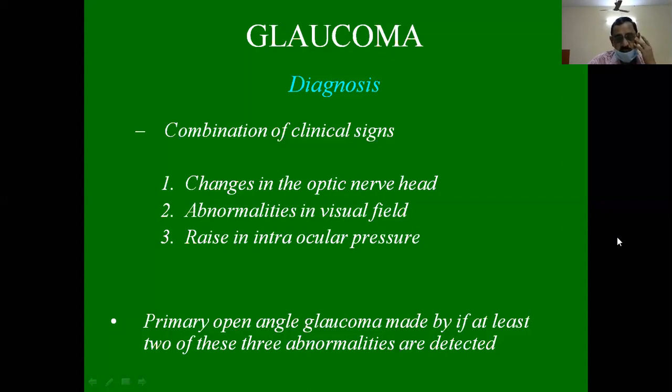The second thing is the anterior segment examination, which we do with a handheld slit lamp, and the intraocular pressure is measured with the Perkins applanation tonometer and also the Tono-Pen. These are the two things we use.